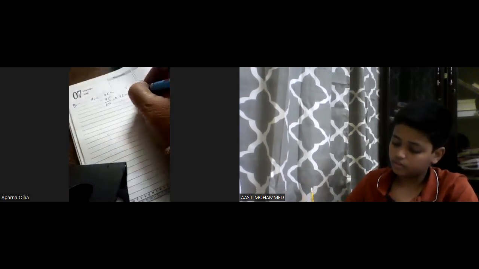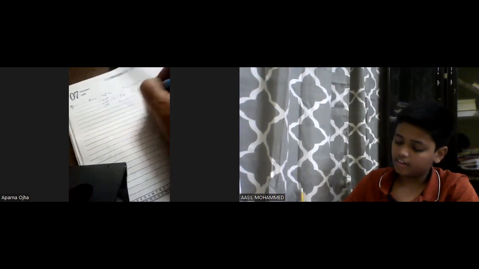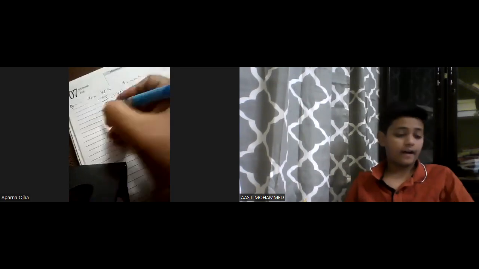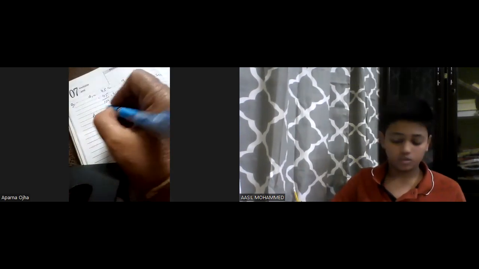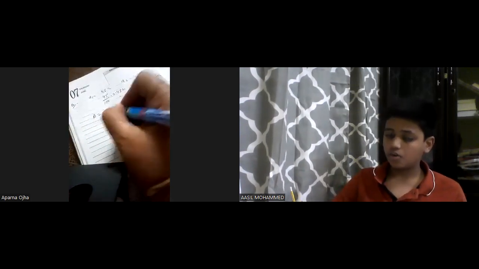Same here for D2, 30 upon 100, so it will be 0.30 meter. Can you find the area? Area of one tile you can find.